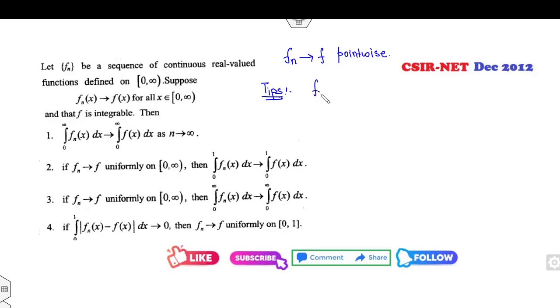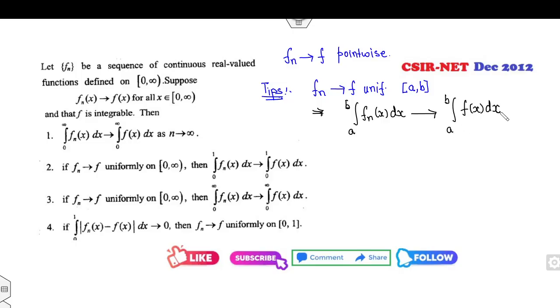Fine. If fn converges to f uniformly on the closed interval a comma b, then you can say the limit of the integral from a to b of fn(x) dx converges to the integral from a to b of f(x) dx.